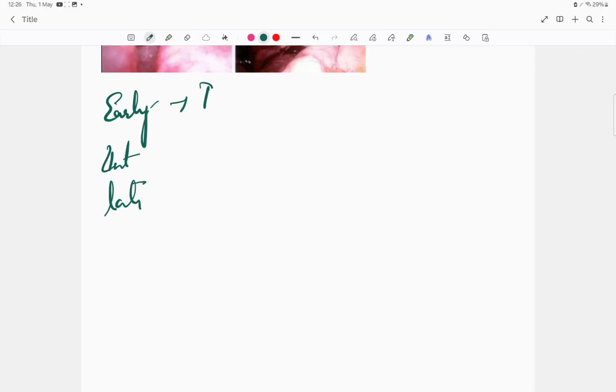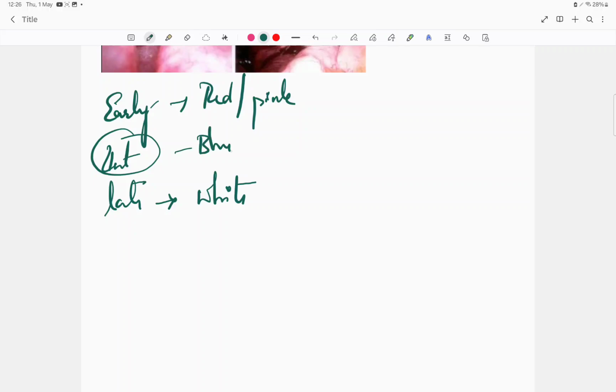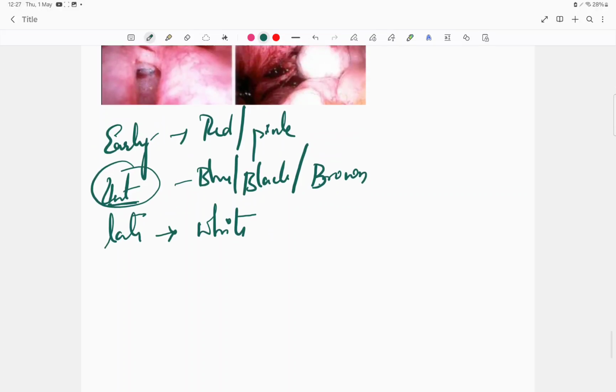Okay, early is red or pink. Late is always white. Any other color that comes will be intermediate. It may be blue, or black, or brown, or any color, that is basically intermediate. So early is red and pink, and late is white. This is what you people should remember. And obviously, any other color comes under intermediate lesion.